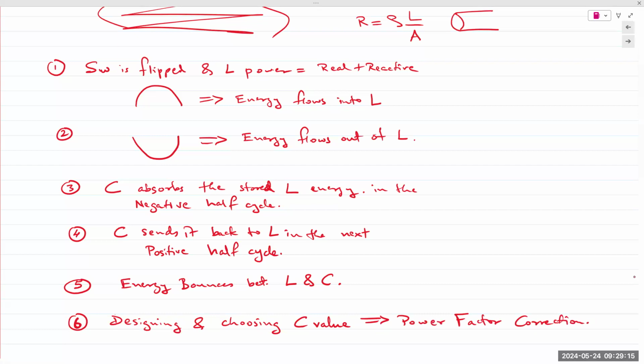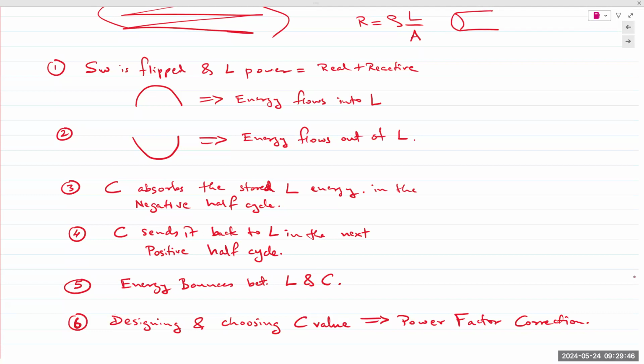So this is a new term. It's a very important term in power systems. Designing the system, choosing a value of the capacitor is known as power factor correction. This is also the topic of lab 8. Basically, you choose a capacitor value such that the energy required by the inductor is now provided by the capacitor.